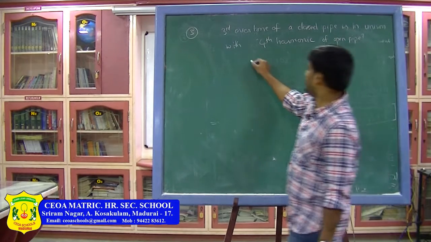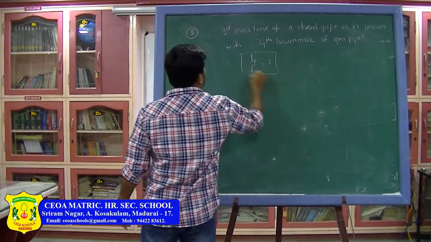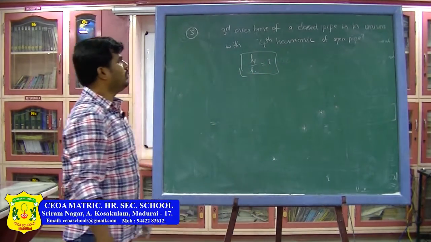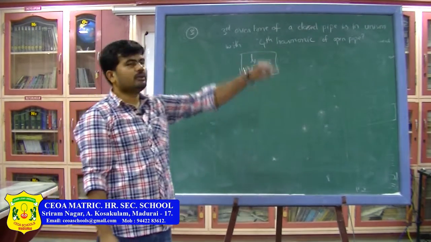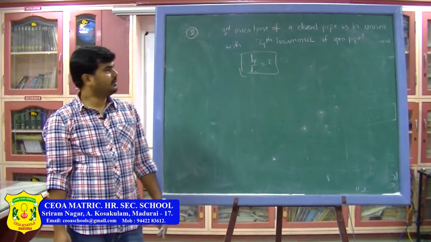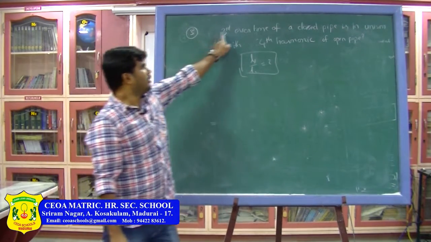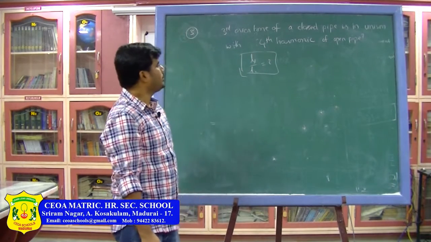So, we have to find the length ratio L1 to L2. So, given condition is third overtone of a closed pipe is in unison with the fourth harmonic of open pipe, then what is the ratio of length of both the pipes? That is the question. So, remember third overtone and fourth harmonic of open pipe is given.